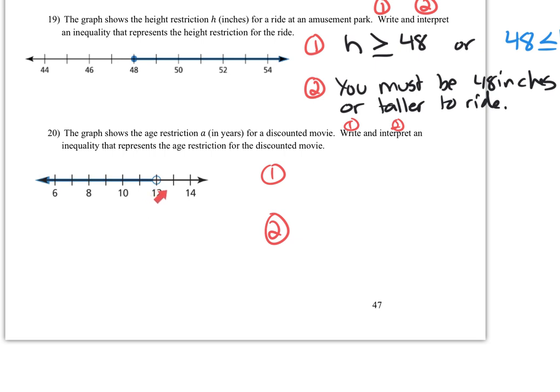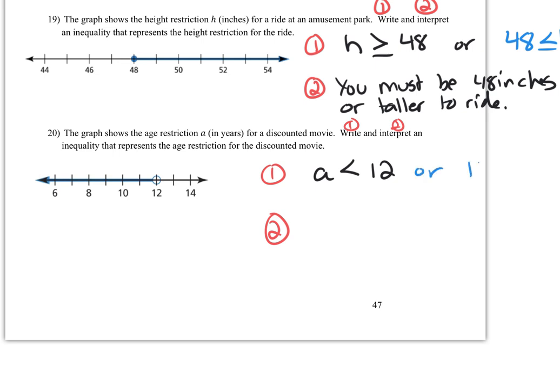Is it open or closed? Awesome. So we're not going to have an equal sign, right? And what letter do we need to use? A. Okay, so A and 12. And now I just need to know which inequality am I using? Greater than or less than? Less than, because look at all the numbers that are being shaded. 10, 8, 6, they're getting smaller. So we would say A is less than 12, okay?